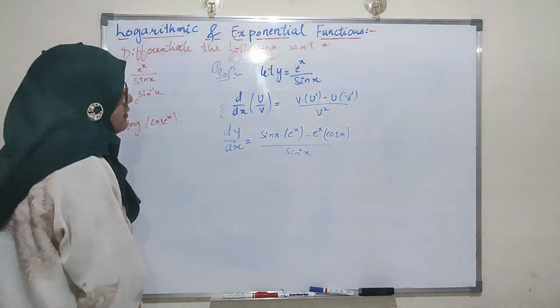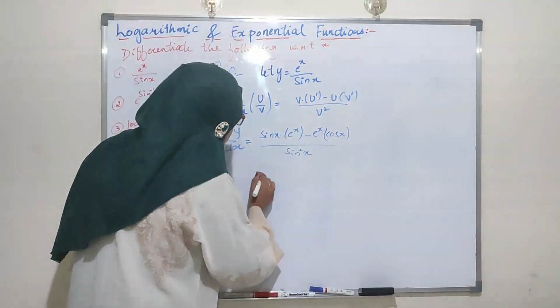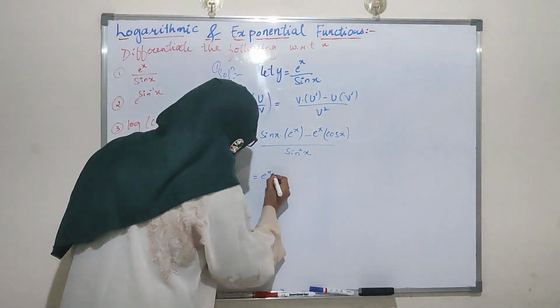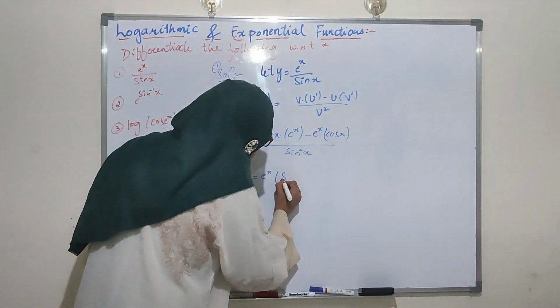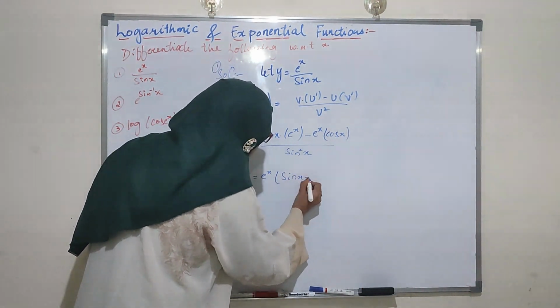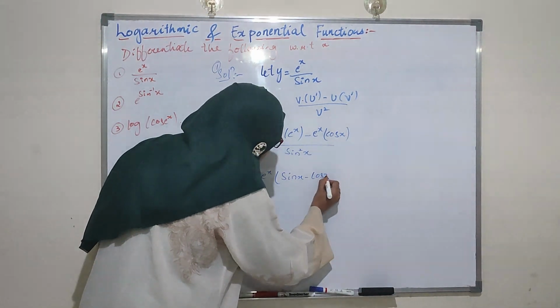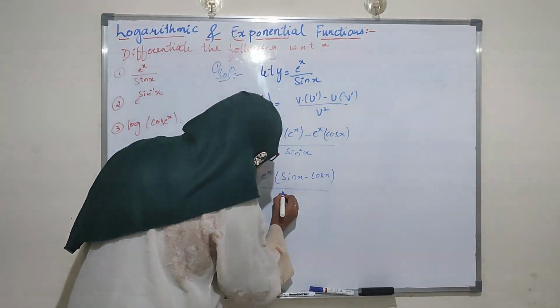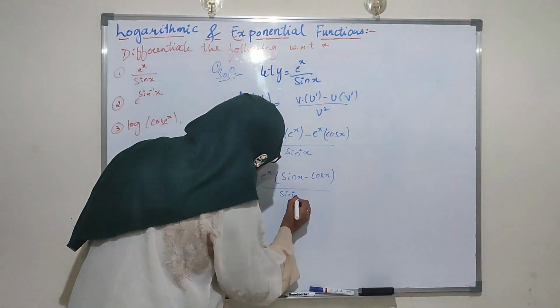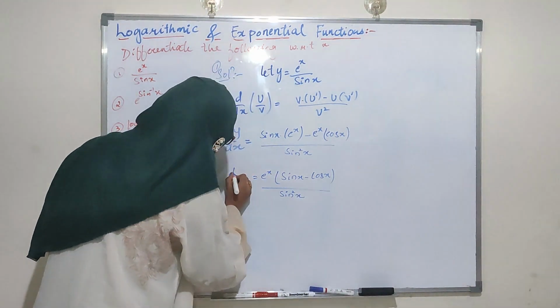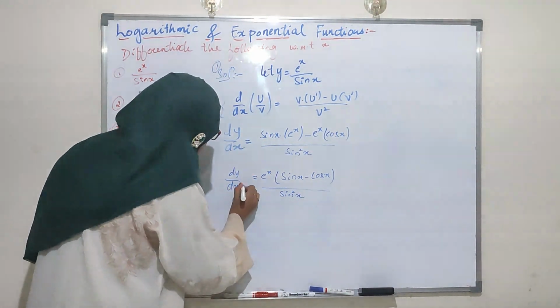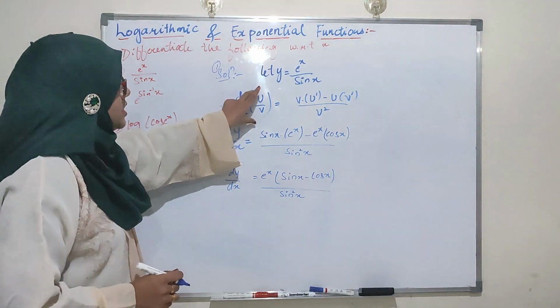Now we can take e raised to x common from both. e raised to x into (sin of x minus cos of x), whole divided by sin square of x. This is our dy by dx. We have just applied the quotient rule.